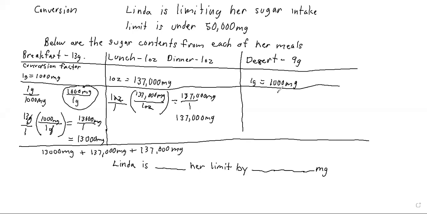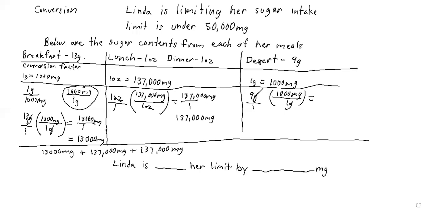So when we write our conversion factor out in fractional form, it's going to be the milligrams on top and the grams on the bottom. And we multiply that by what's given, which is 9 grams. We know that this is a fractional expression, so we have to make sure all the numbers are written in fraction format. So we put a 1 underneath the 9. And now we follow the rules for multiplication of fractions, right? There's supposed to be a gram down here. And we see that, again, we have matching units in the top and bottom.